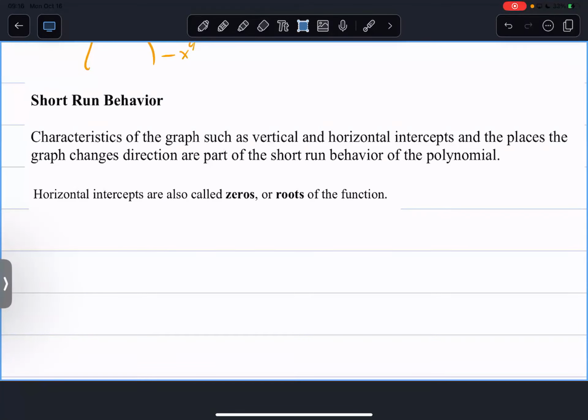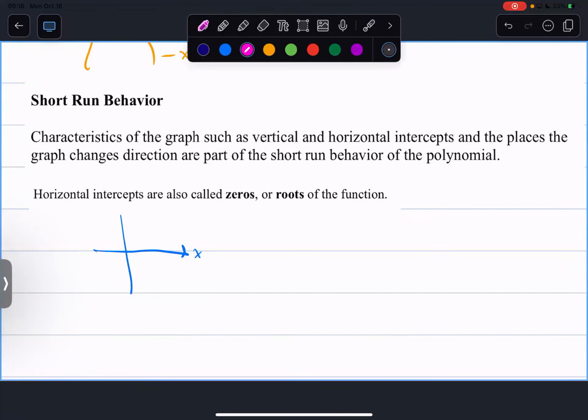Just as a side note, horizontal intercepts are what? They're on the x-axis, right? And so here, when we're crossing the x-axis, those are horizontal intercepts.